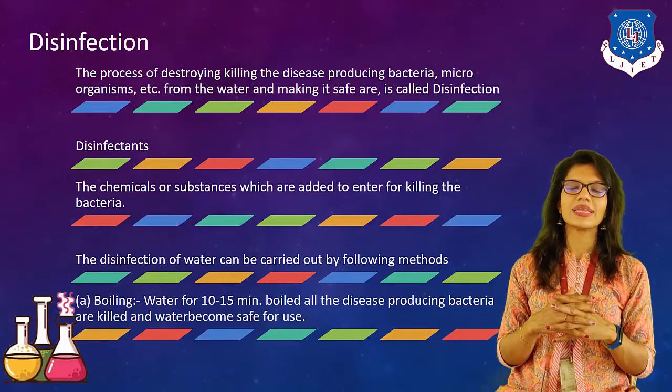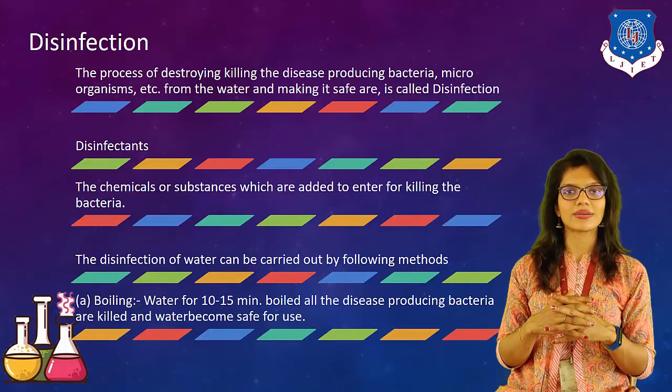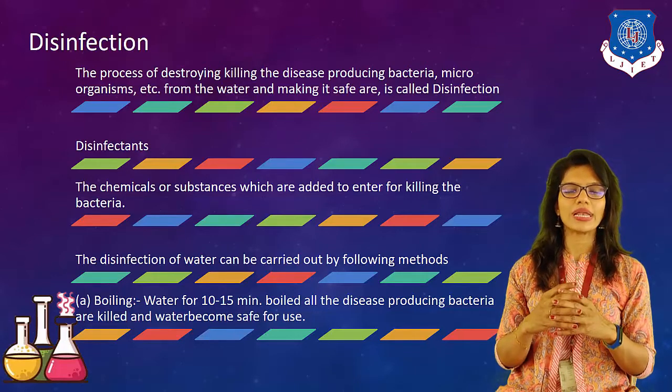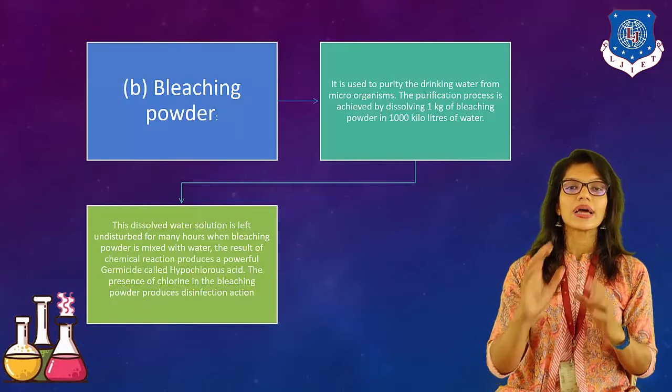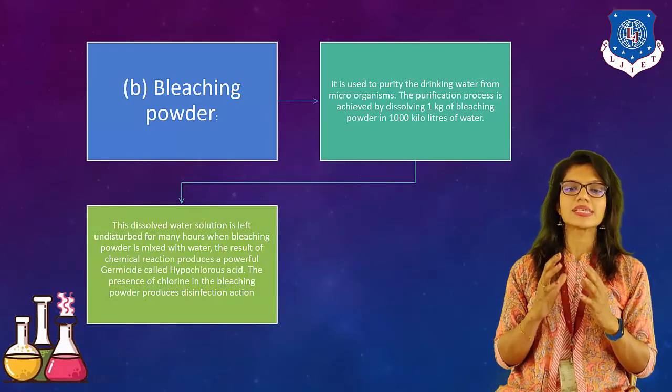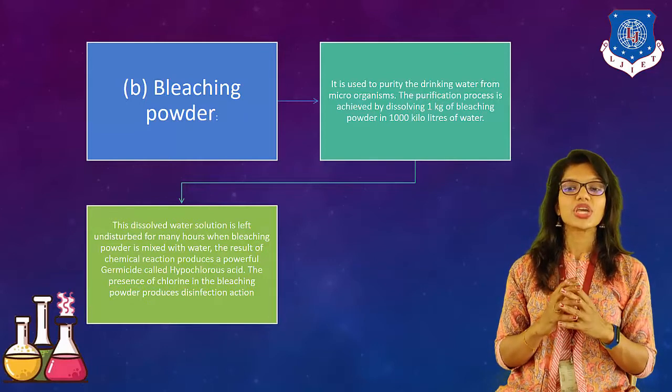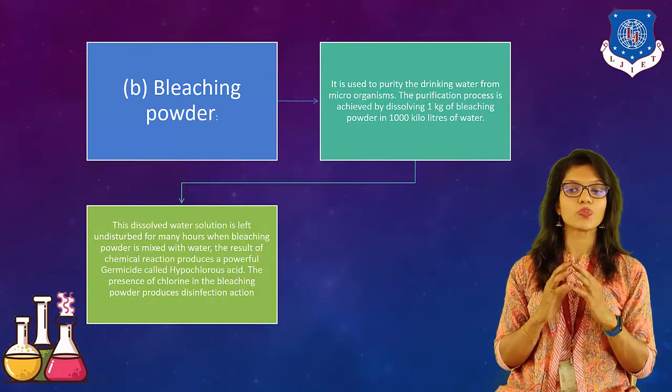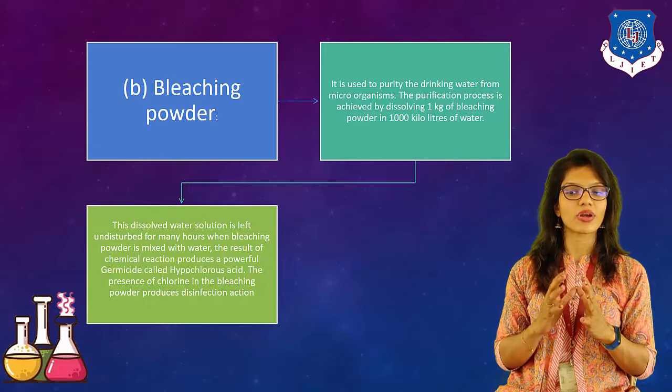Generally it can be carried out through various methods. For example, through boiling. If we boil the water for 10 to 15 minutes, it will kill all the bacteria. The second method is bleaching powder. We use bleaching powder to purify drinking water from microorganisms.